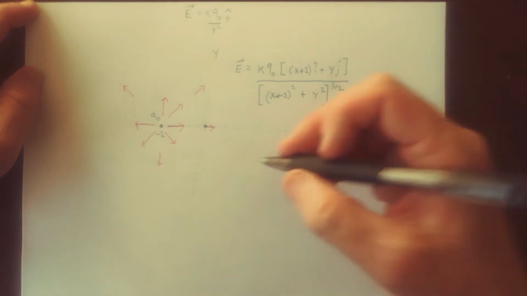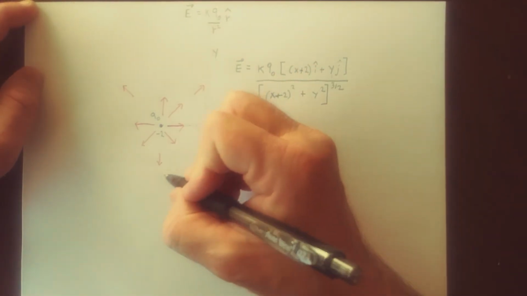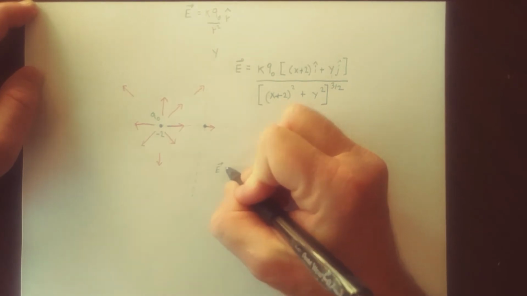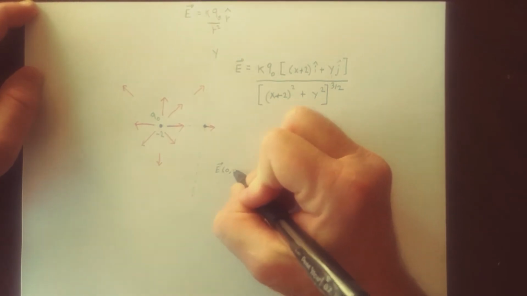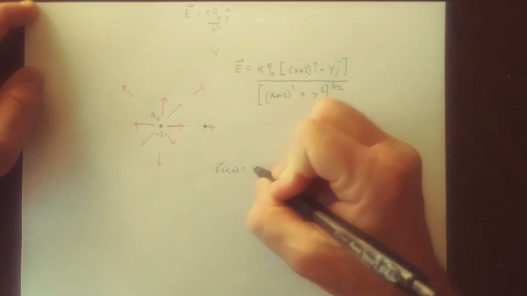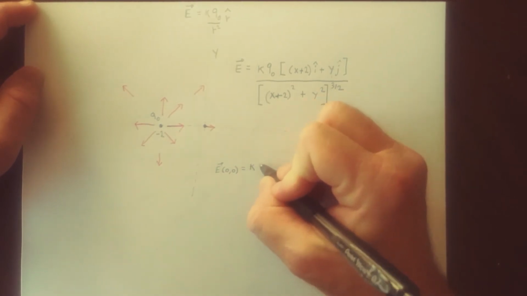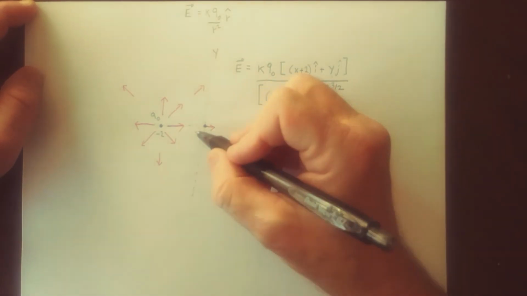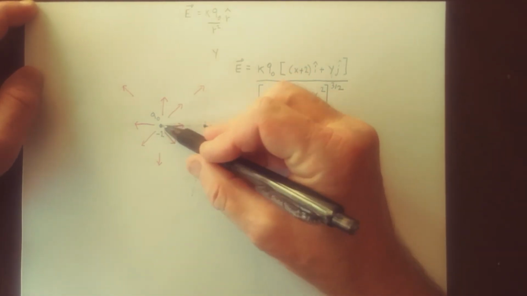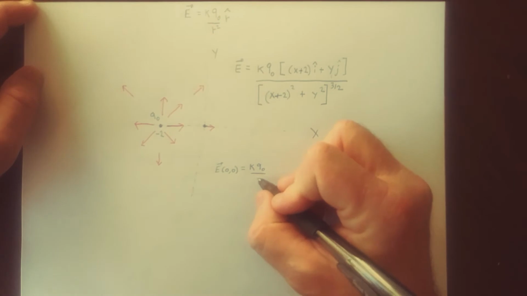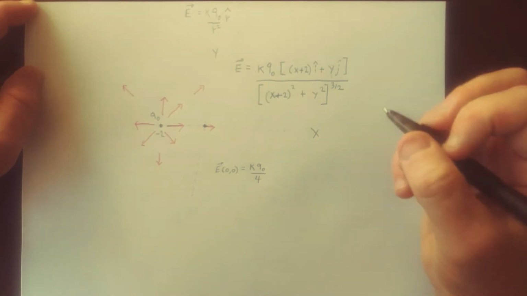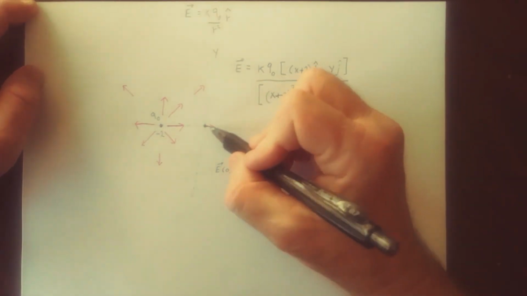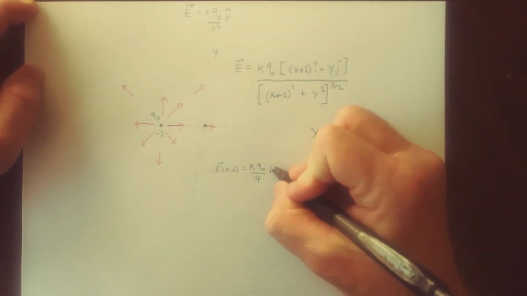So from that we can figure out that the electric field at x equals 0, y equals 0, must look like this. K times q naught over r squared, but the distance from here to here is 2, so we square that, that gives us a 4. And then there's a unit vector, and that unit vector needs to be pointing to the right, so that's an i hat.